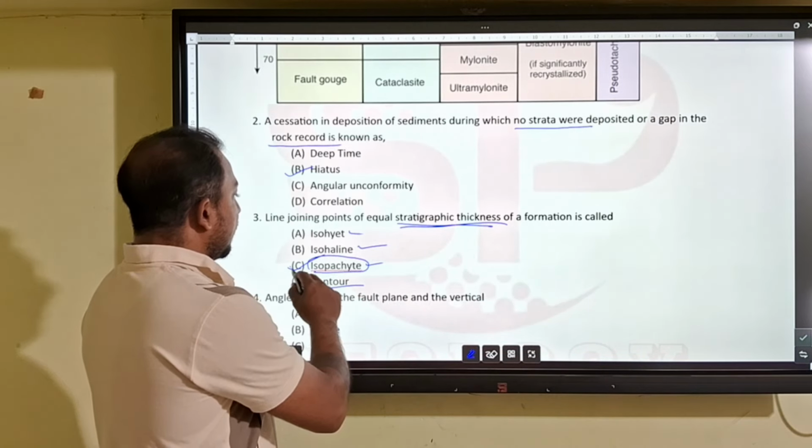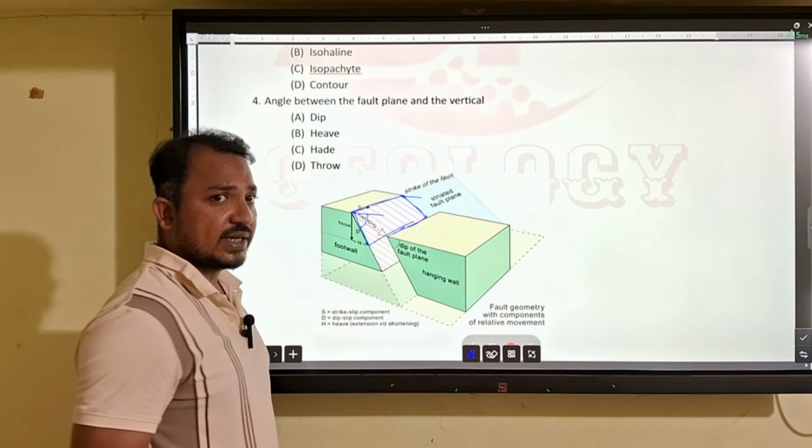Next comes the angle between the fault plane and the vertical. Now see, this is a fault. So this will be your fault plane. Any inclined plane has a dip, that is the angle measured from the horizontal, on a vertical plane, called the angle of inclination, or dip.